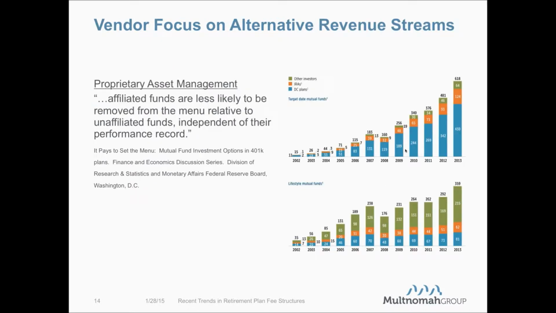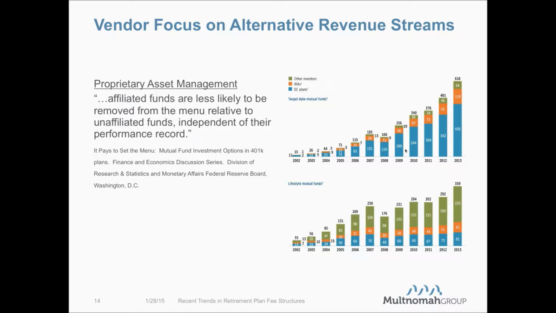And then the one that I find most interesting really has to do with the vendor focus on alternative revenue streams. Late last year, there was a good piece from one of the research pieces of the Federal Reserve Board that looked at defined contribution plans.